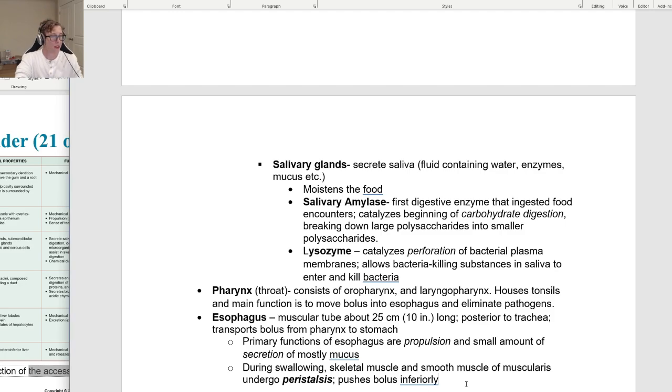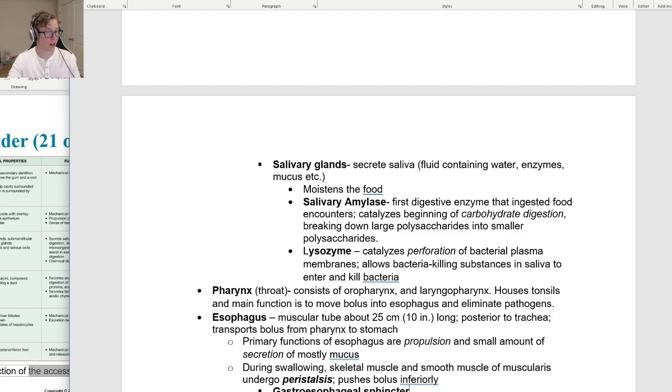Something to know is there is a sphincter at the end of your esophagus. When you think about a sphincter, it's going to be gross, but here's an easy way to remember it. Your butthole is a sphincter. We're going to be talking a lot about sphincters in the GI system. All it is, is that it can open and close, which will prevent food from going in or out.